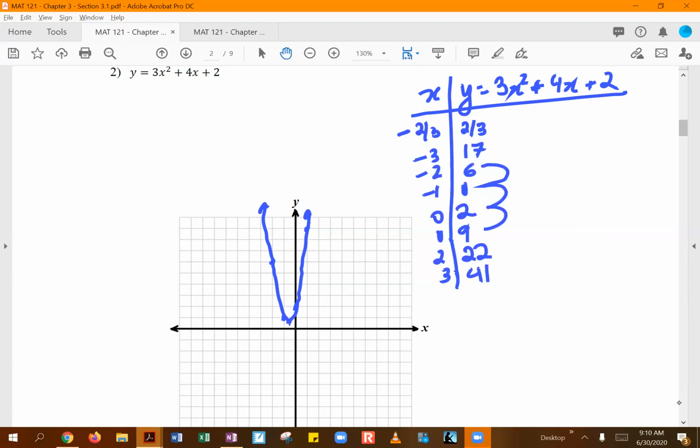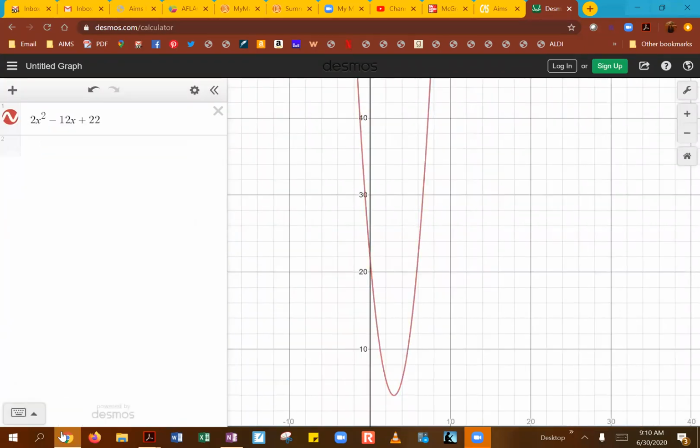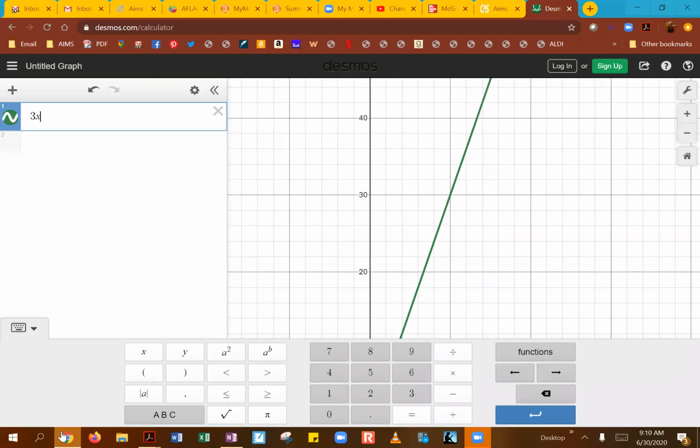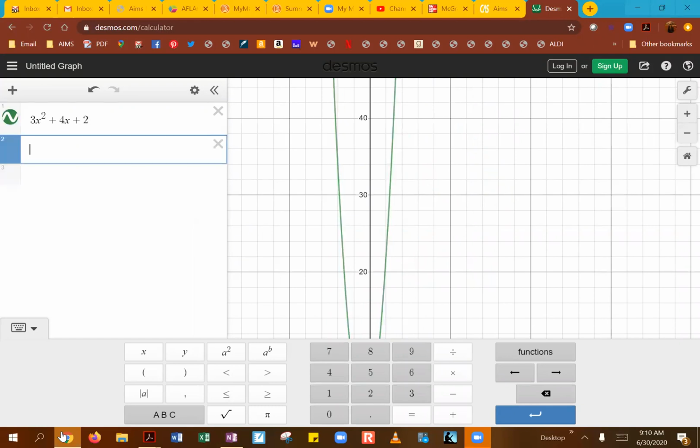Let's put this on our Desmos and see what it ends up looking like. Okay, so we've got 3x squared plus 4x plus 2, and then our transformation was x plus 2/3 squared, and then of course we had plus 2/3 at the end of that.